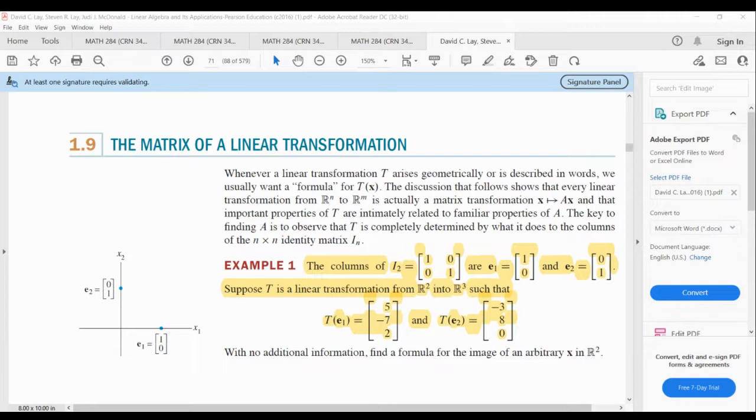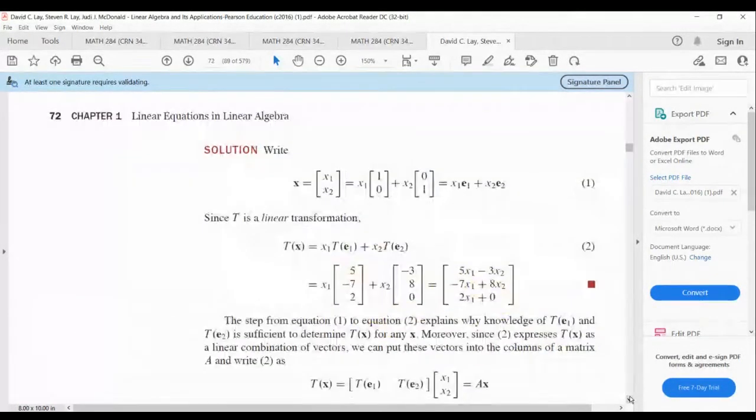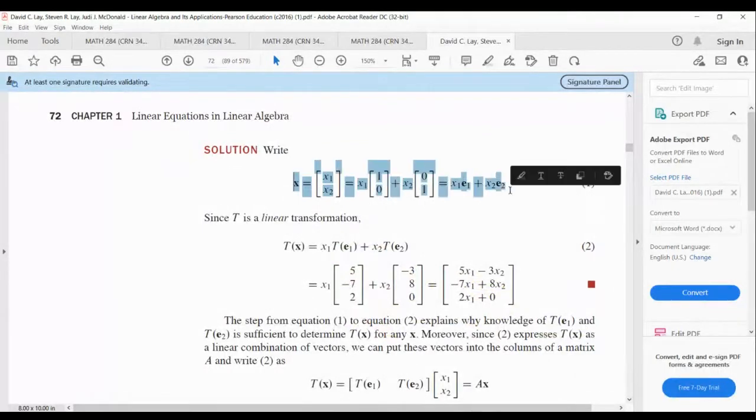So let's go to the next page. First, what we have to do is write the vector x in terms of E1 and E2. An arbitrary vector x in R squared would have components x1 and x2.